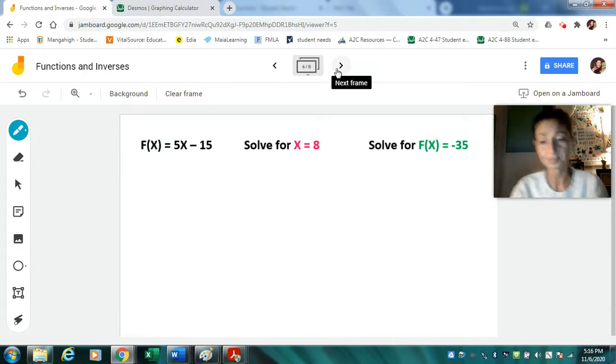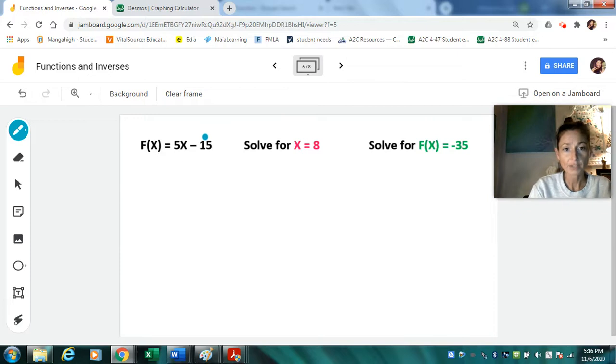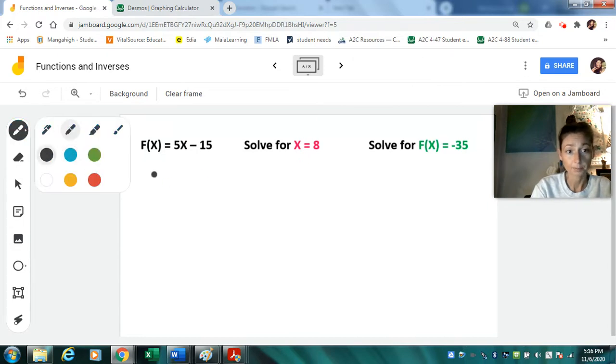All right. So we have this function here, f of x equals 5x minus 15. One of the things we need to do is solve for x equals 8. So I'm going to take 8, and I'm going to be plugging that into the function. So everywhere there's an x, I'm going to be putting in 8.